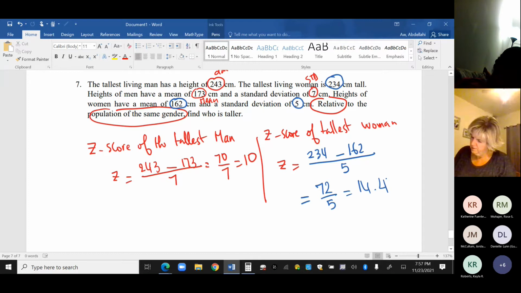The tallest woman is 14.4 standard deviations above the average of the woman's height. Now, relative to the population of the same gender, who is taller now, the man or the woman?